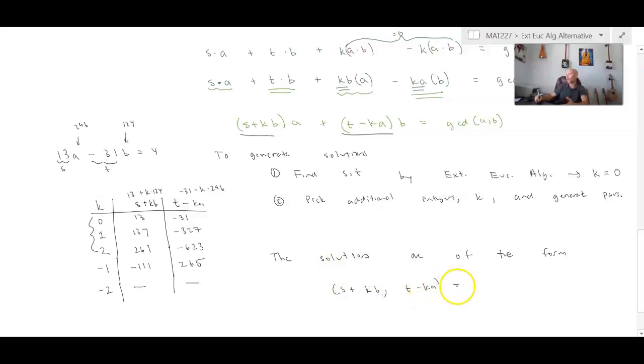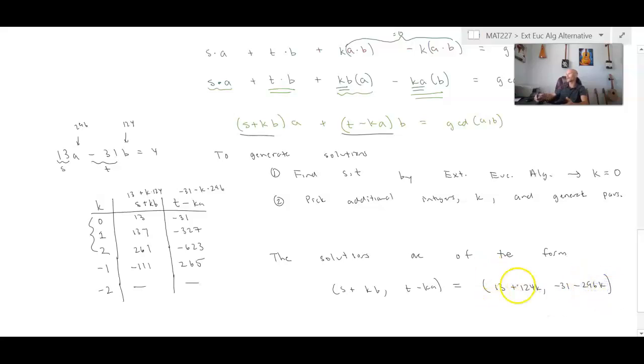For our particular problem, that equals 13 plus 124K, and -31 minus 296K.